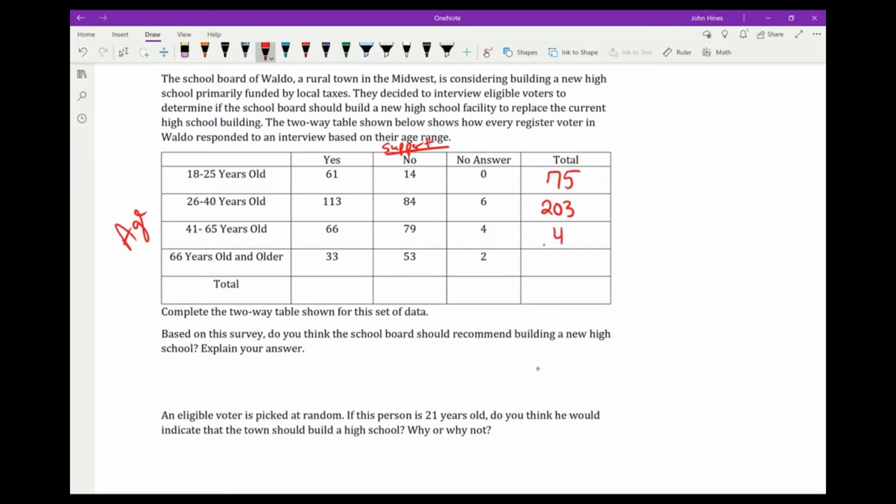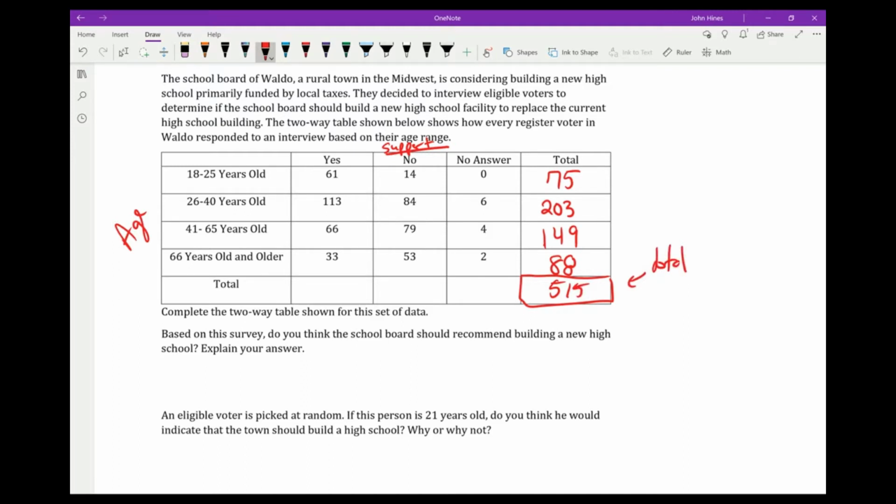There's 149. And 66 and older, 33 plus 53 plus 2 is 88. And now this box here on the bottom side represents the complete total, so the total not broken down by any category. I interviewed 515 people. This is the grand total of how many people.